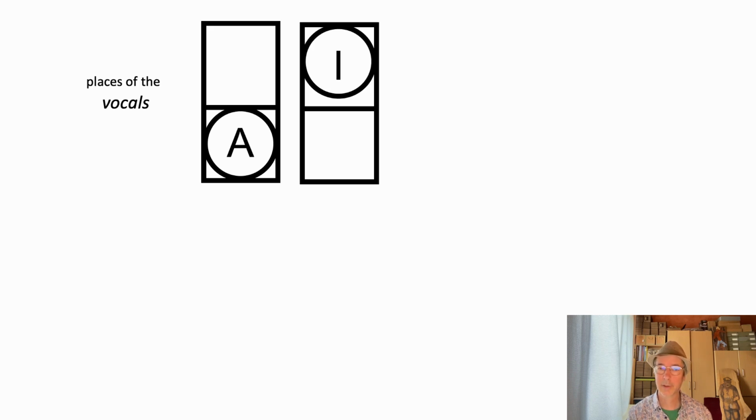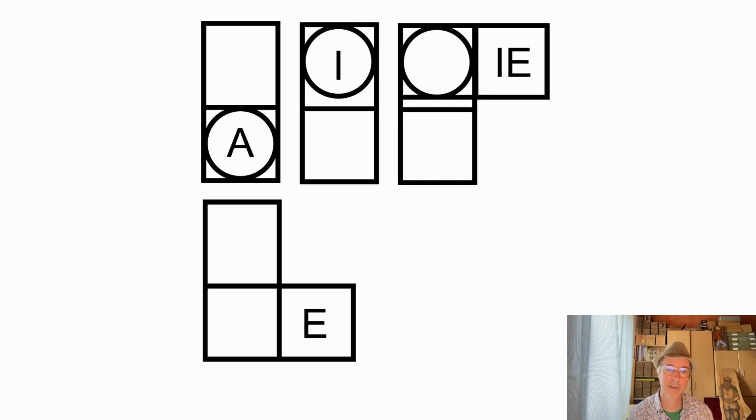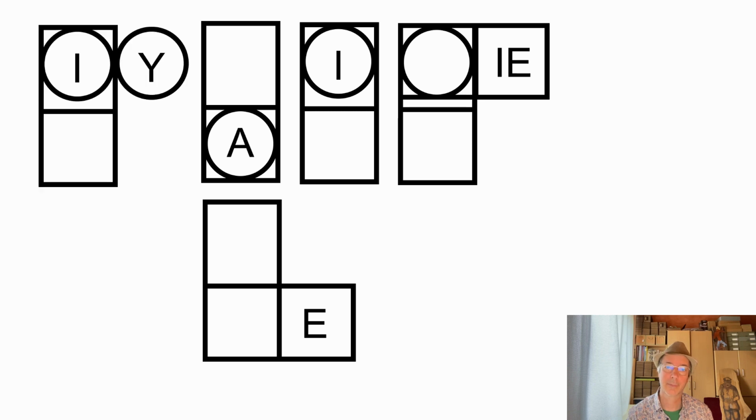So you learned already some letters. Here I will show you also the place of the vowels, how you can recognize them. The A has a foundation, the I on top of it. The E, as a letter A, is the extension to the right or to the left, let's say to the right in this case. And the IE, like the letter E instead of A, is also an extension, but on top of it.